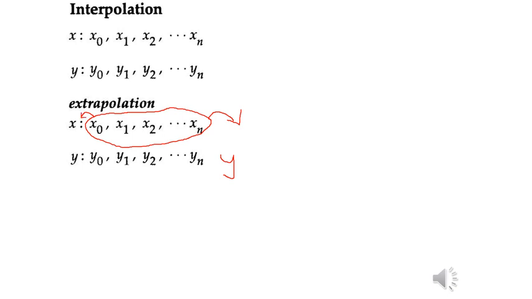So that's why we call it extrapolation. When x is outside the range given here, finding the value of y for such an x is called extrapolation.